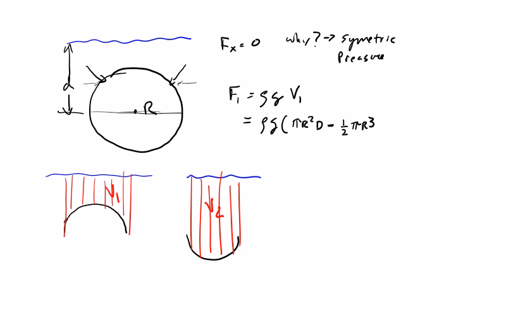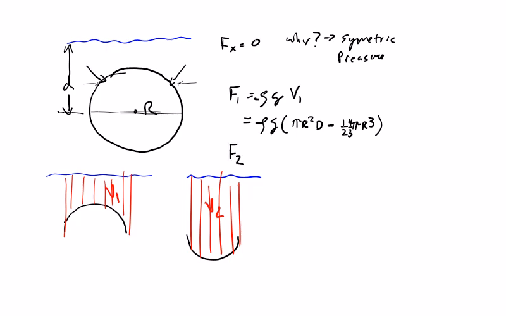Okay, because there's basically a cylinder there, and I remove the bottom half of the sphere, right? And that force is actually negative, right? It's acting down on the surface.